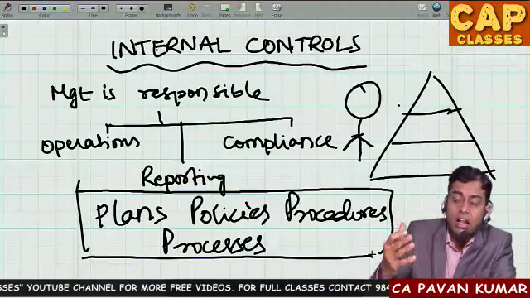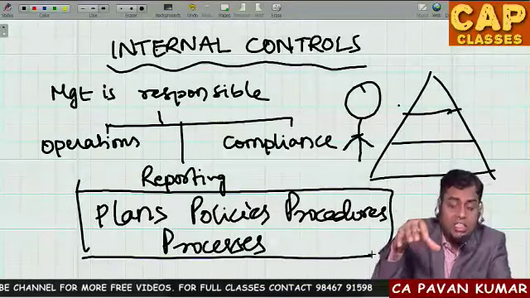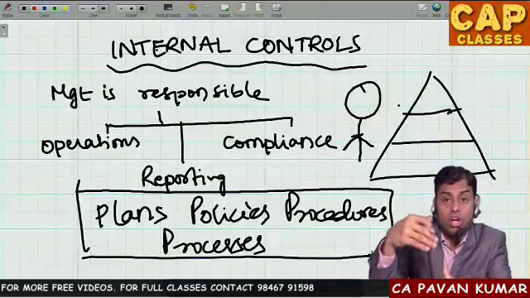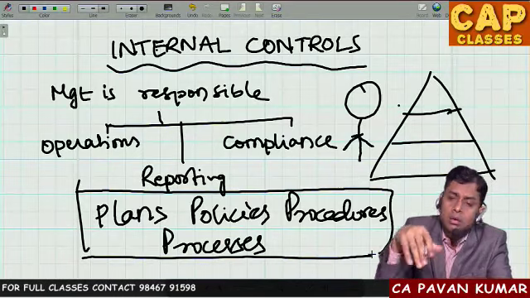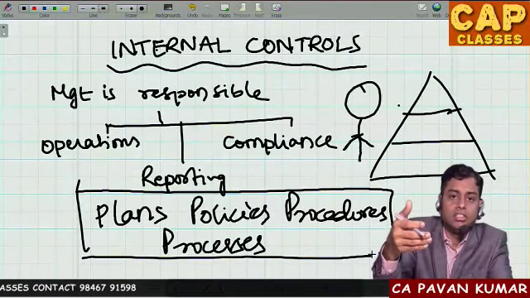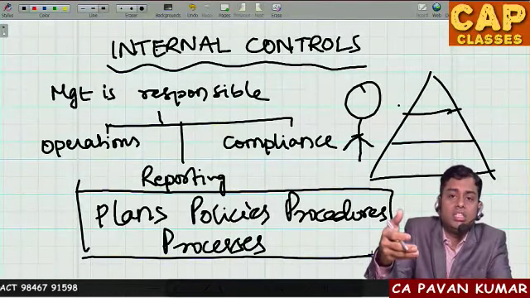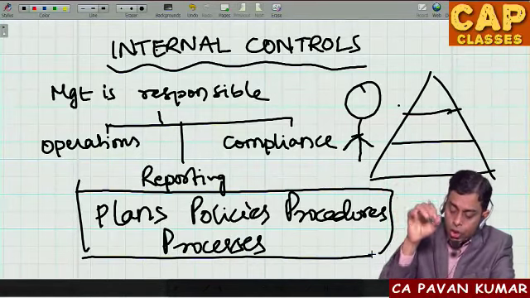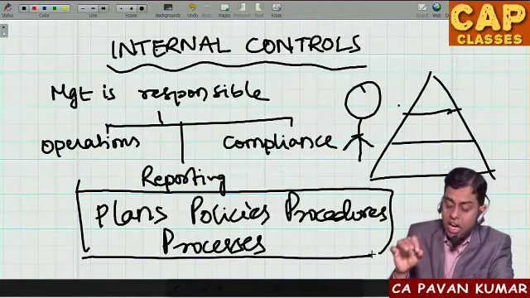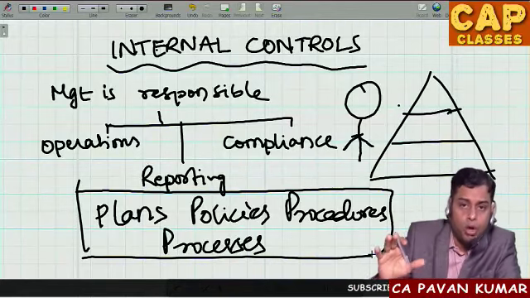Basically, internal controls are nothing but the plans, procedures, programs, and processes adopted by the top level management. It could be guidelines, it could be directives. These are the internal policies of management to ensure that the workflow is proper, the reporting lines are proper, and the compliances are proper.